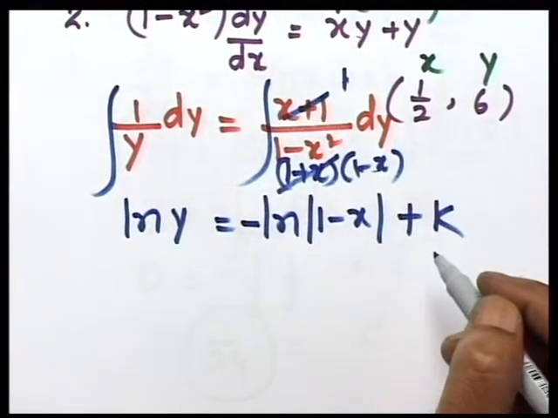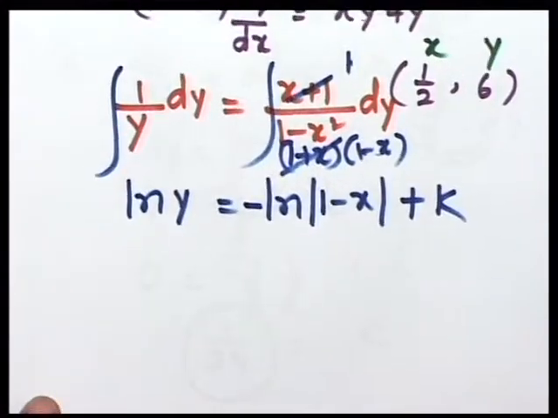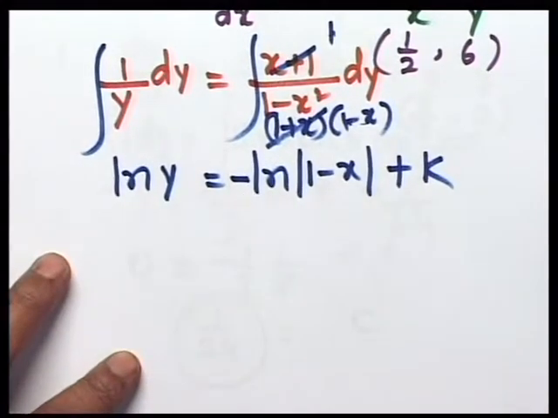Yes, some students ask me this question, sir, why should we write the plus k or plus c on one side only, right? It's actually on both sides you are integrating, but this c all together is just 1. So either you write it on the left hand side or on the right hand side, okay? That's natural log y equals this.